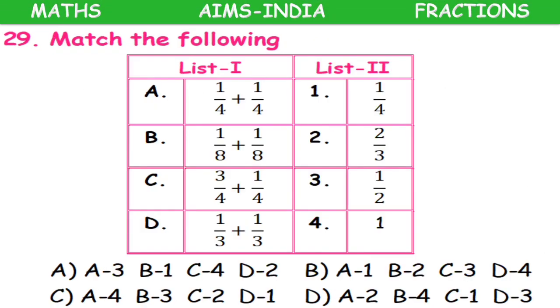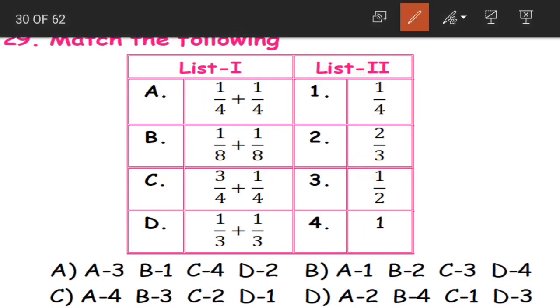Next, match the following. Now here we are having list 1 and list 2, children. 1/4 plus 1/4 is equal to how much? 2/4. 1/8 plus 1/8, 2/8. 3/4 plus 1/4, 4/4. 1/3 plus 1/3 is equal to 2/3.